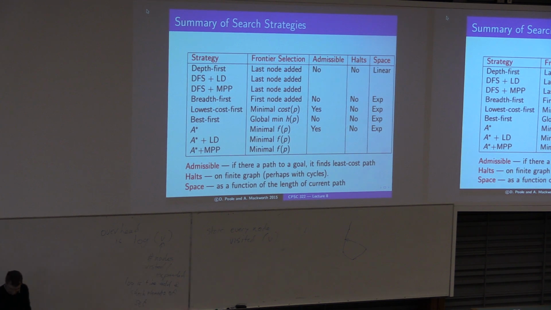All right, question. Let's do this in code. For depth first search with loop detection, does it find the optimal path? Does it find a least cost path first if there is one? No. Does it always halt for finite graphs? Yes. And what's the space, in terms of path length? How much do you have to store?